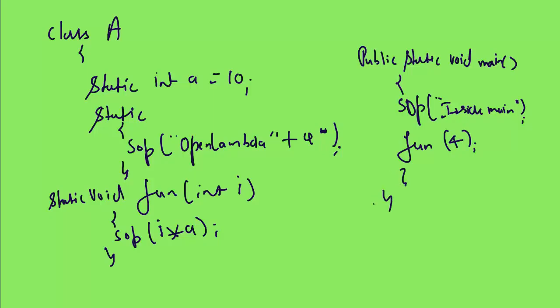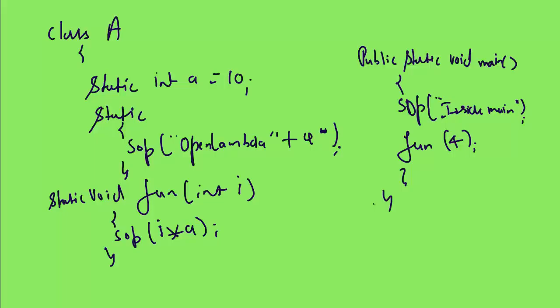So if I load this class into the JVM, what will happen? Till now, the main method was the starting point of execution, right? But if I load this class into the JVM, the output will be completely different. It is not going to print inside main first, nor call the fun method.